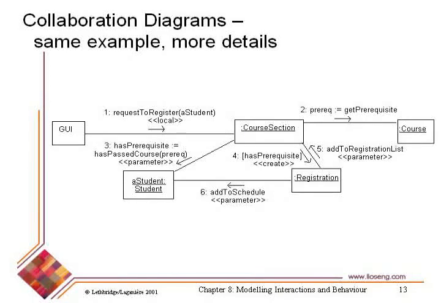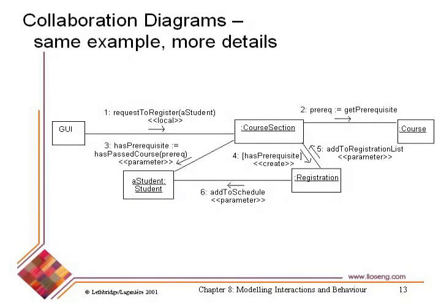coming from. Okay? So for example, when we say parameter, what we're saying is that the student was originally a parameter of the course section; the course section has obtained this student as a parameter.